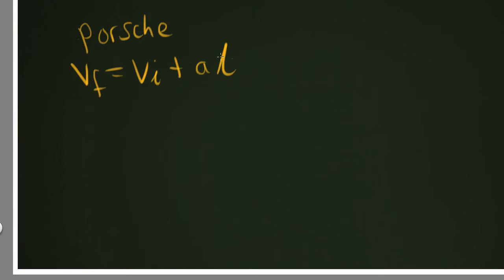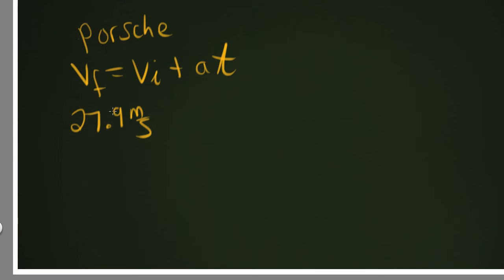Let's first start with the Porsche, because we'll see what our findings say. We want to find the acceleration first of all. So Vf equals Vi plus at. Ultimately, we're trying to find the time each one should take to make it to the X. If I convert the final velocity to meters per second, that it can get up to in 3.7 seconds, that's about 27.9 meters per second.